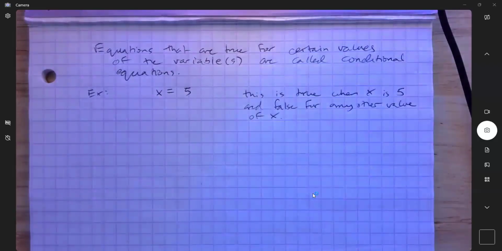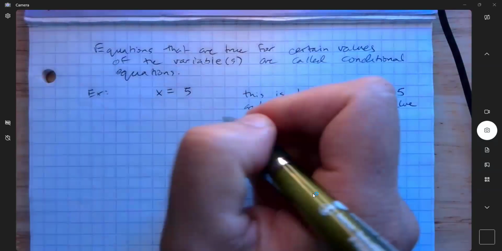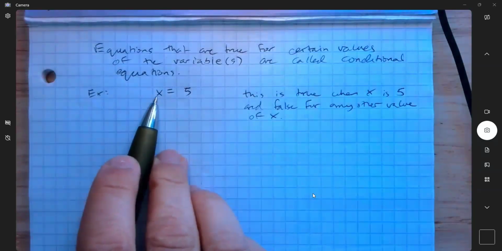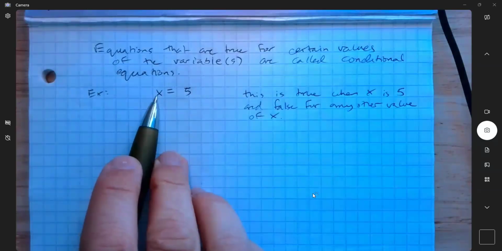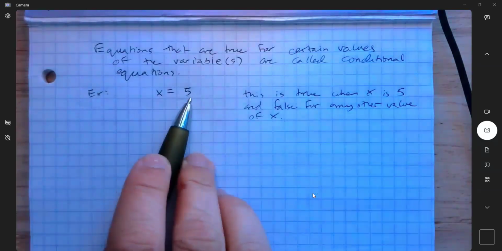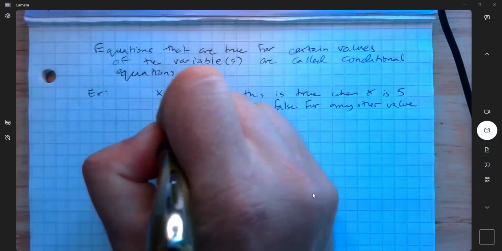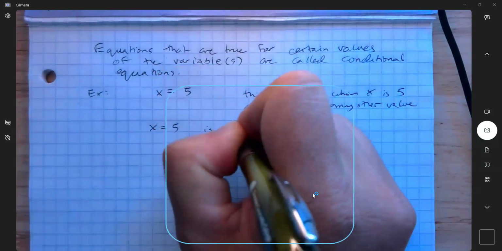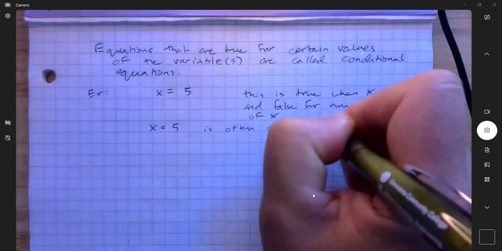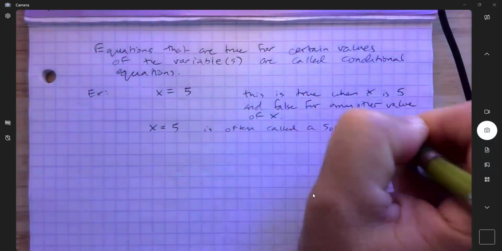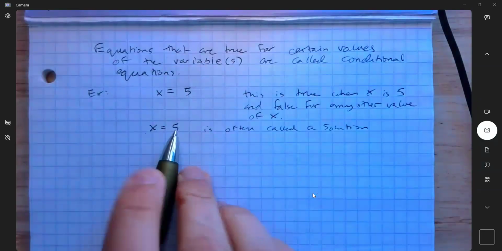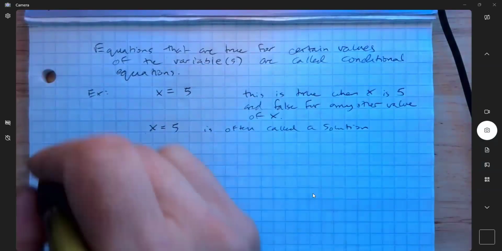If I put 4 in for x, it wouldn't be true. If I put 90 in for x, it wouldn't be true. Often if we get down to x equals 5, we don't usually think of this as an equation. We think of this as a solution. X equals 5 is often called a solution because it tells you the value of x that makes some conditional equation true.